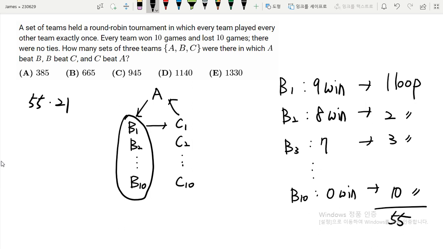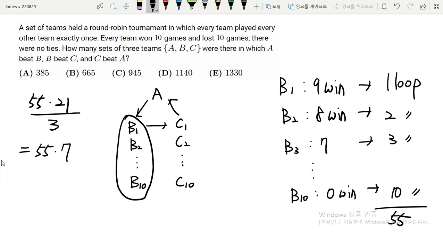for one loop, it's counted 3 times, because we are looking at it from the perspective of A, or of B, or of C, so we need to divide this by 3. So that means it's 55 times 7.